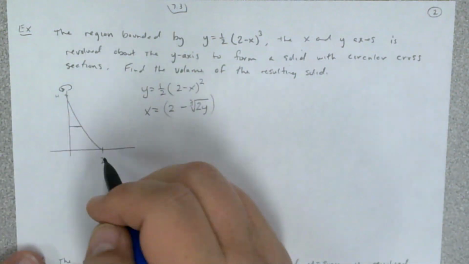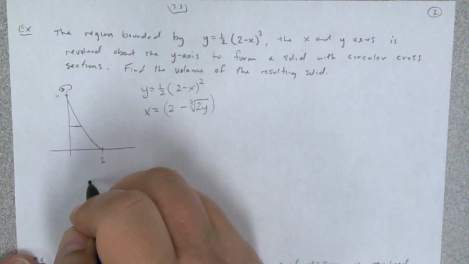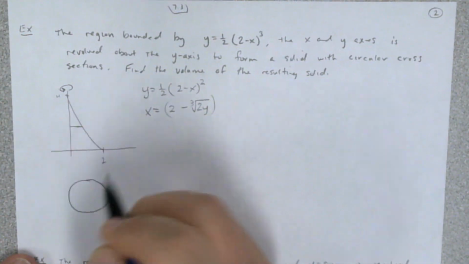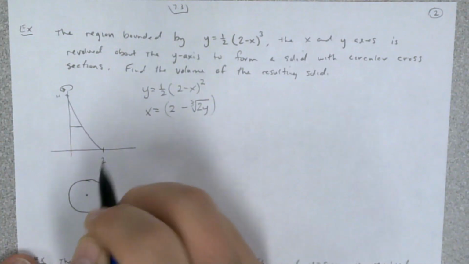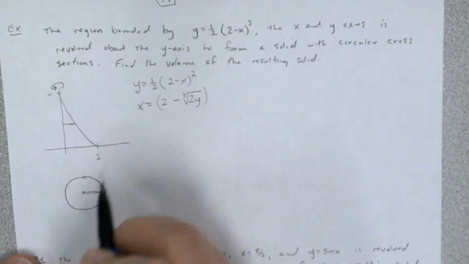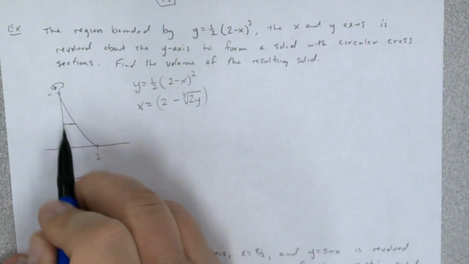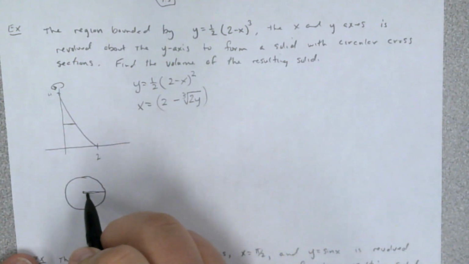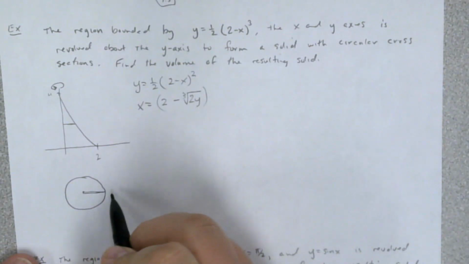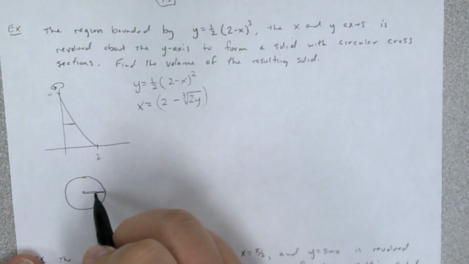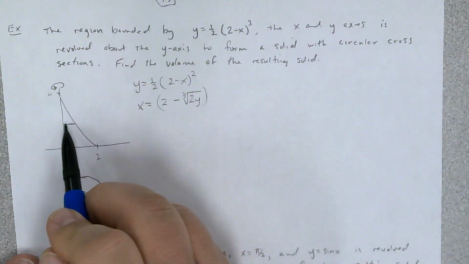We need to have the circle drawn. So as you saw in the notes I gave you over here, when we draw this, if this segment touches the axis of revolution, we're going to have what's called the disk method. So this is my little r here that I need to find. It is right minus left.